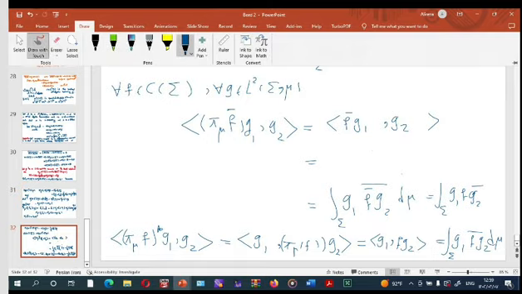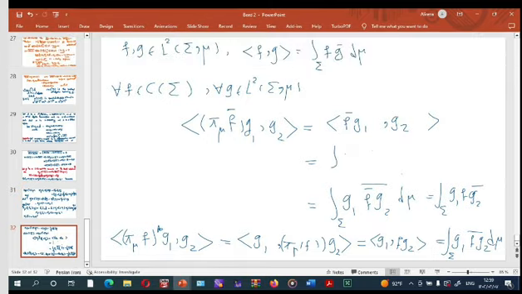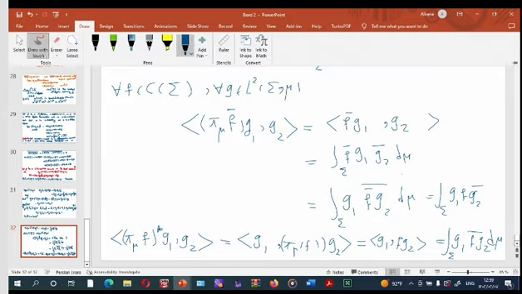Okay, and this is equal to the integral of f bar g1 g2 bar d mu on sigma. And exactly we have this for another.